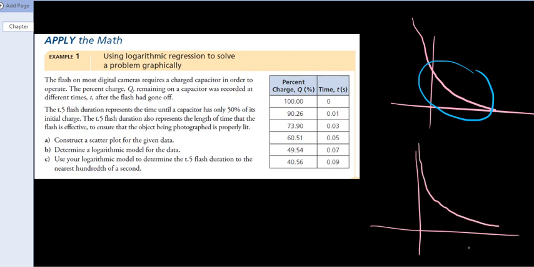So why would this second one be more appropriate in this kind of real life example? What are the main differences between these two graphs? Okay, this one doesn't cross the y-axis, which means that there's no negative values for x. Does it make sense in this situation that there's no negative values for x? What is x actually?